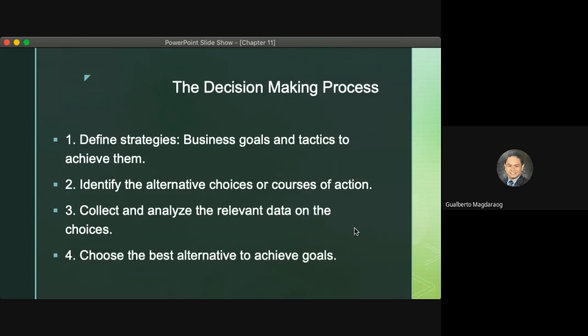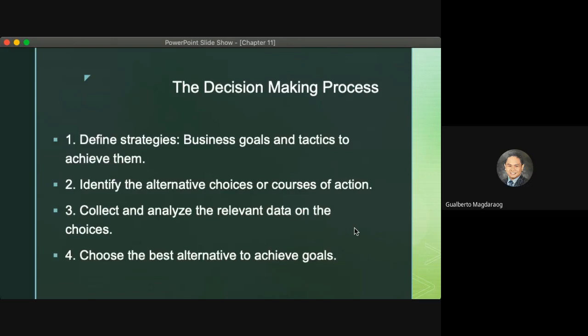Hindi pwedeng purely gut feel only or intuition only. Mahirap yon. Hindi siya reliable talaga. Okay? Kasi, di ba, sabihin natin, feeling ko lang, eh, kung feeling mo lang yun, baka hindi yun yung totoong situation. So, we need to have a concrete basis for our decision.